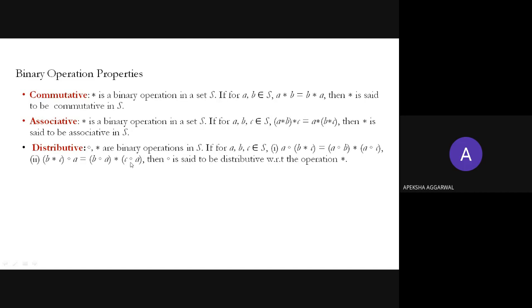Then this O is said to be distributive with respect to star. So these are a few properties on the binary operation.